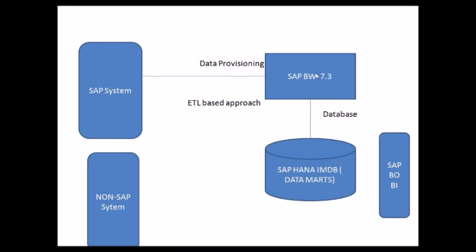And your SAP BW 7.3 can have SAP HANA as its database. Only from SAP BW 7.3 can you use SAP HANA as your database; prior to 7.3, SAP HANA cannot be used as a database. You depend on traditional database systems, Oracle or MySQL or MS SQL.